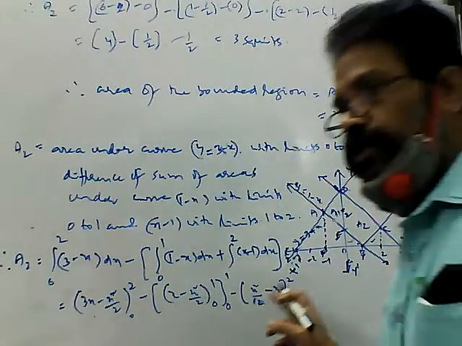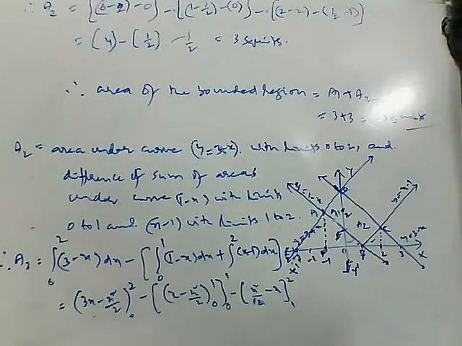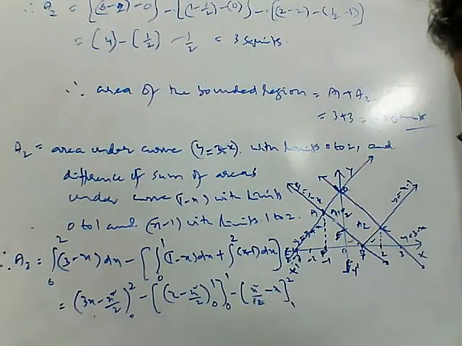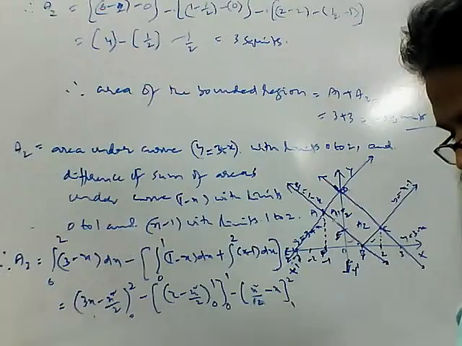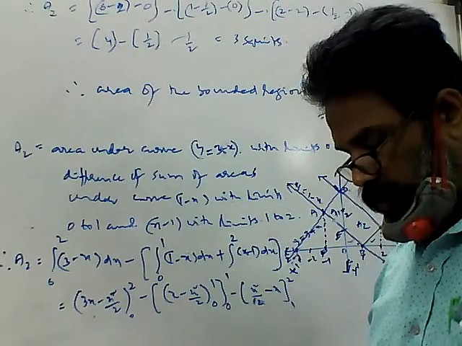Understand? Like this you have to get it. You have to carefully study the area of the region bounded between the two curves. Note down. We'll continue with the next question then.